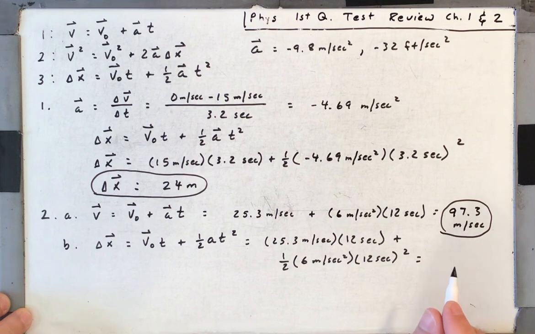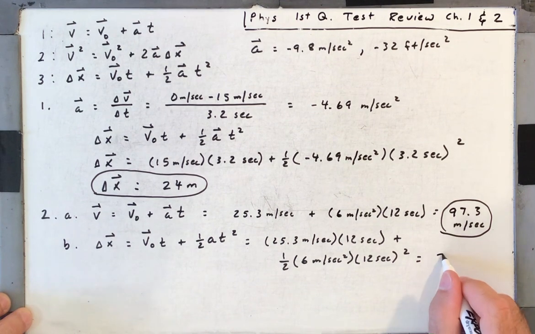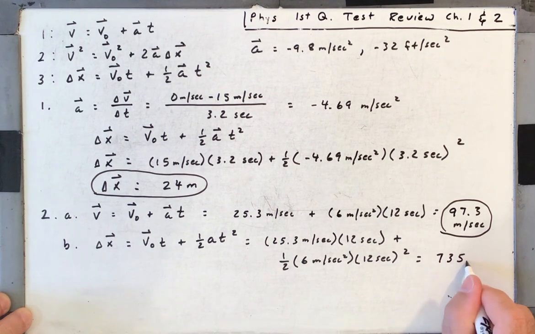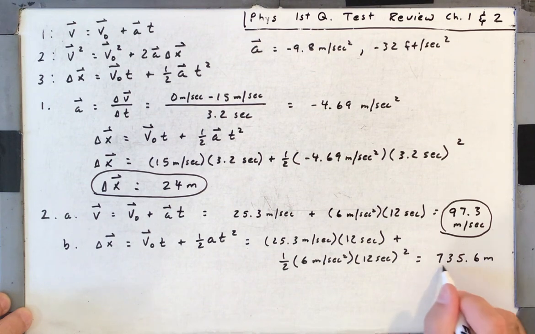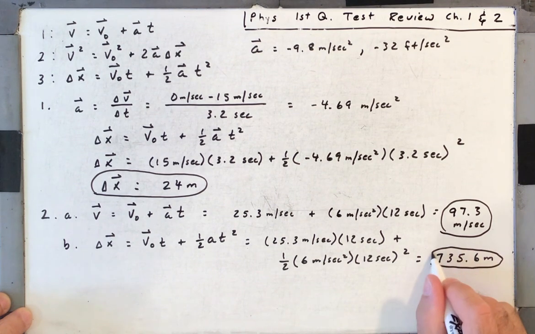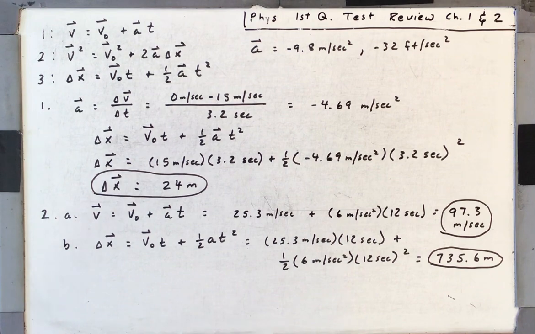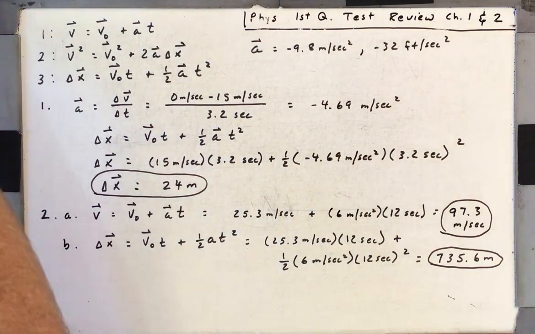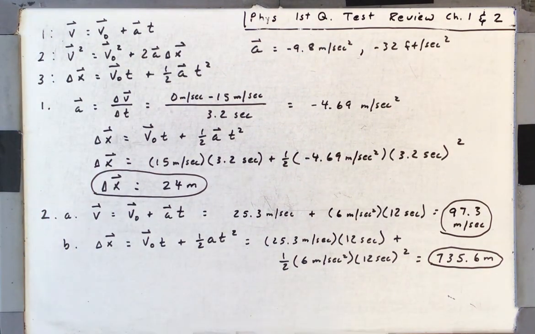Okay, and together that gives you 735.6 meters. All right, so went pretty far, almost a half a mile in 12 seconds. Okay, pause the video if you need to, and we'll do 3, 4, and 5.